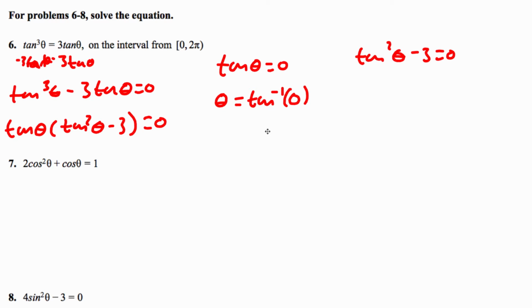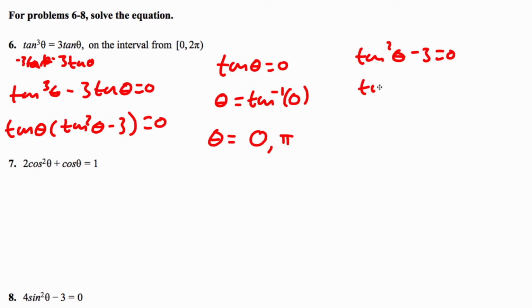And now we're looking at the unit circle to try to figure out at what angles a tangent value of 0 happens. So we have to think about how these tangent values are made. Tangents are y over x. So if we get 0 as an answer, that means the y value on top has to be 0. So if we're looking at our unit circle for where the y value is 0, that happens at the angle 0 and at pi.